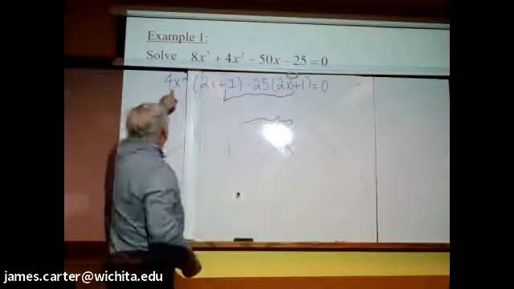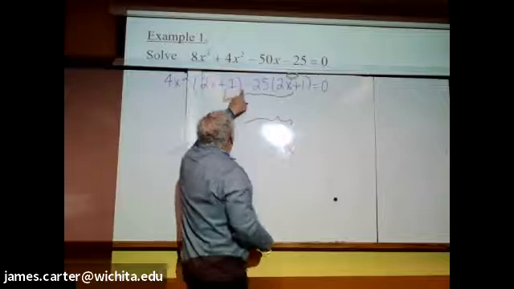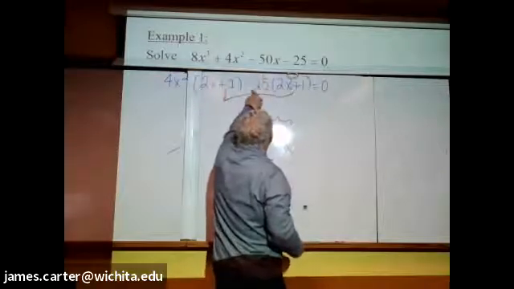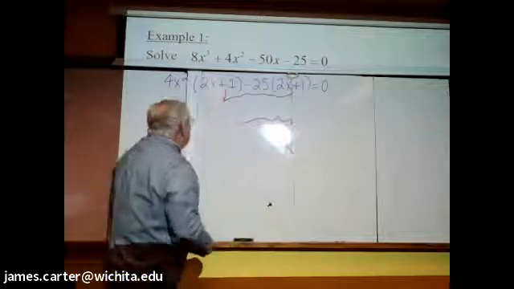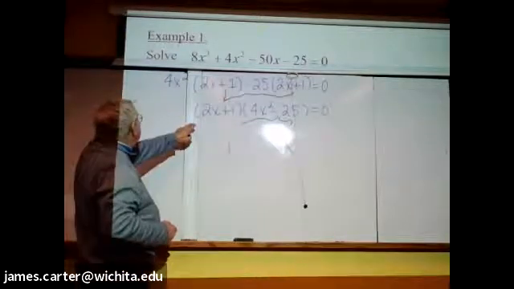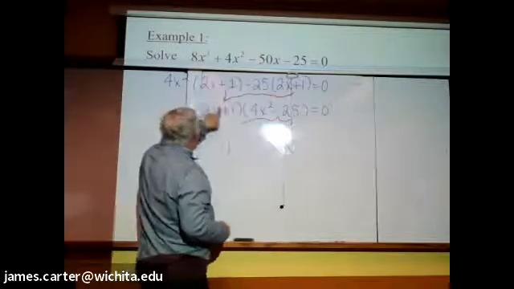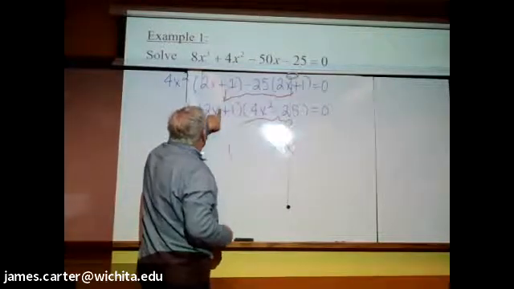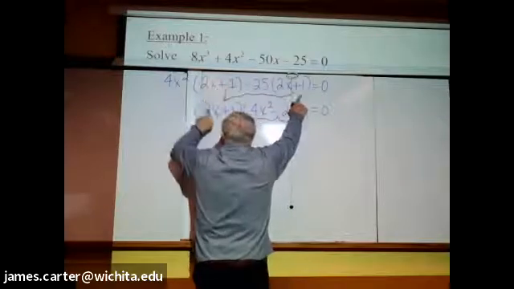So we factored a 4x squared out of this first part. We factored a negative 25 out of both of these. Okay? Now, what does that give me? This one I just bring down. But I've got a 2x plus 4 before.